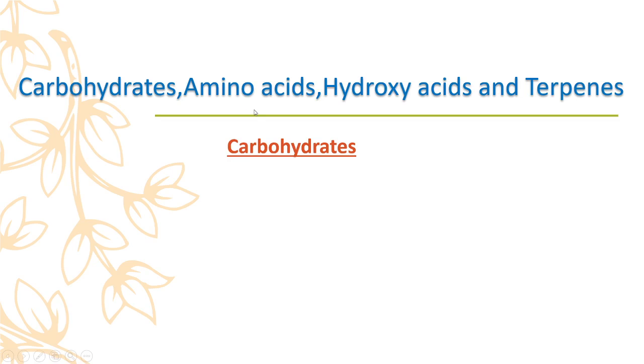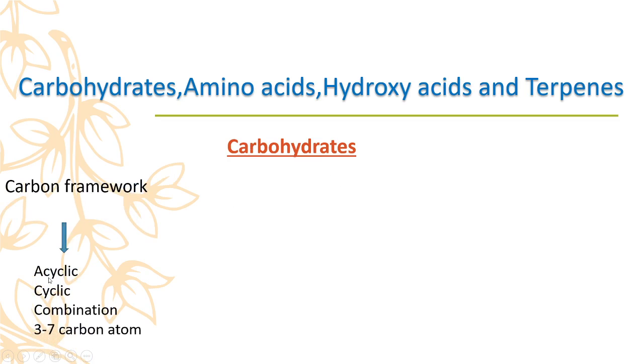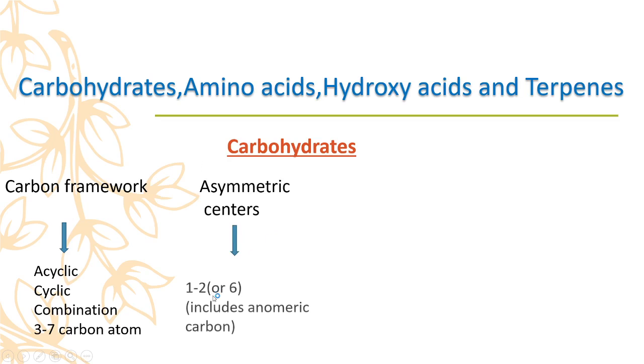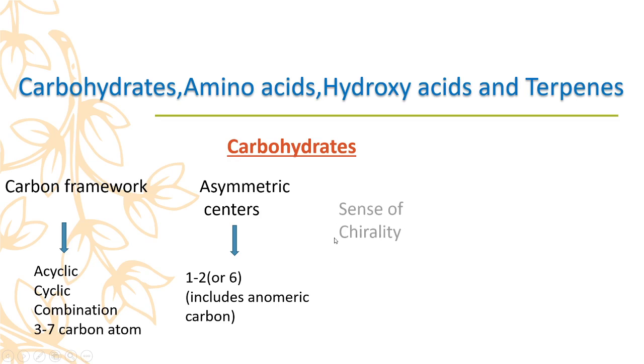So here the carbohydrate, amino acid, hydroxy acid and the terpenes show these properties. First, the carbohydrate: the carbon framework in the carbohydrate may be cyclic, or a combination of cyclic and acyclic, and it contains 3 to 7 carbon atoms. Asymmetric centers, that is the chiral centers, in the carbohydrate are 1 to 2 or it may be 6, including the anomeric carbon.